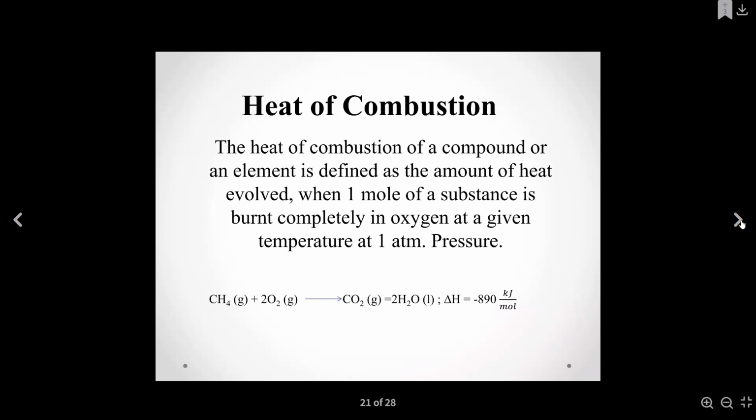Heat is released, and the quantity of heat released as a result of the combustion of methane in the presence of oxygen is negative. Because our delta H is negative, this tells us that the heat of combustion is an exothermic reaction.